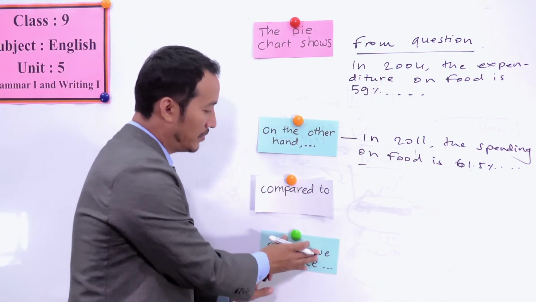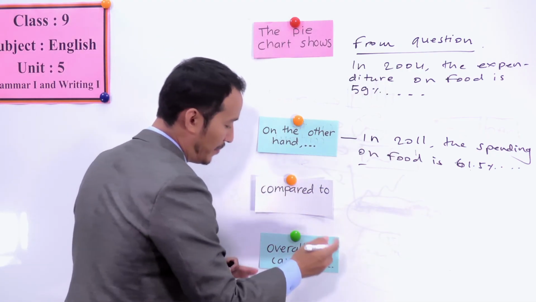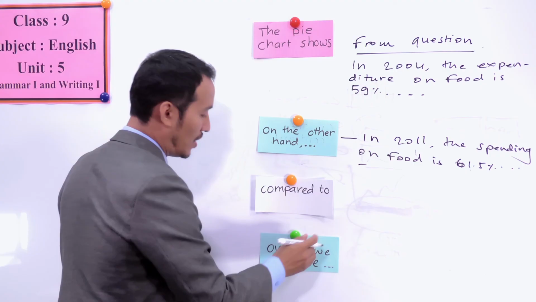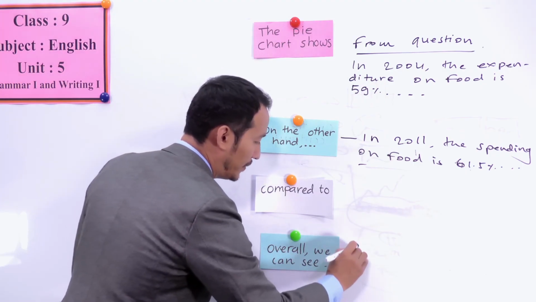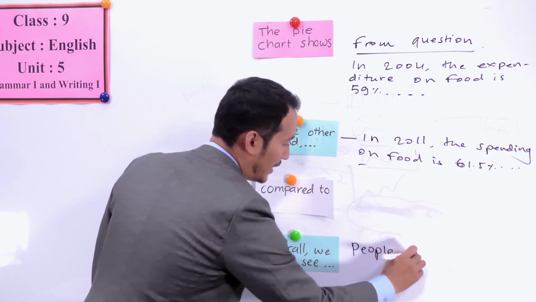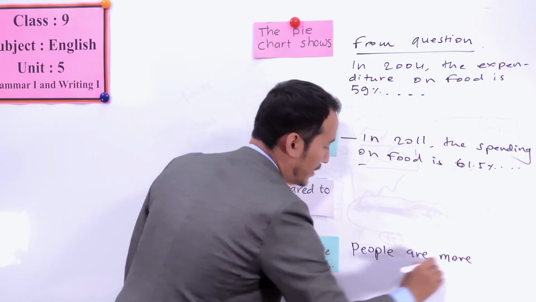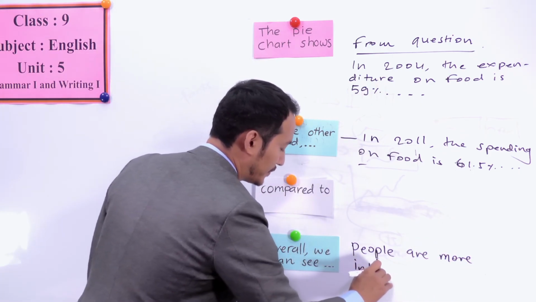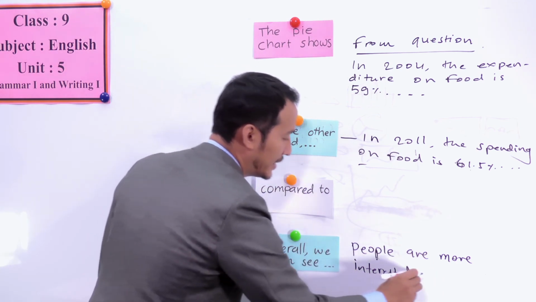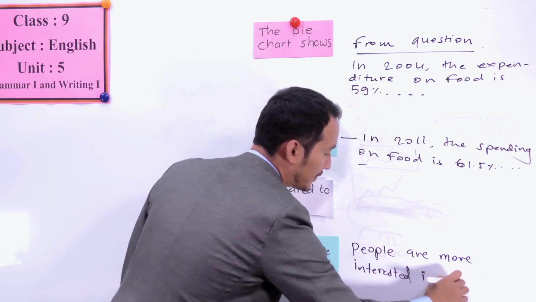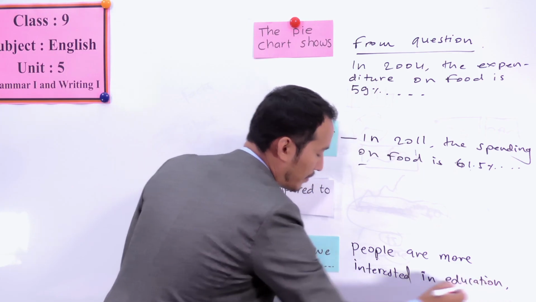And then lastly, you can express your overall impression. You can say that overall, we can see that people are more interested in education, food.